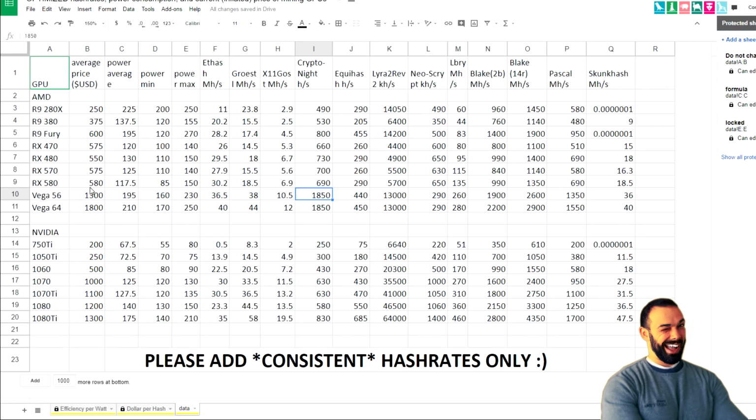So on the RX 580, I got data from another user that they're getting power consumption of 85 watts when mining Crypto Night. Now, are they getting ultra high hash rates like on the Vega 56? No, they're not. But they're getting an ultra low power consumption by using some optimization and some tweaks. So that's on Crypto Night.